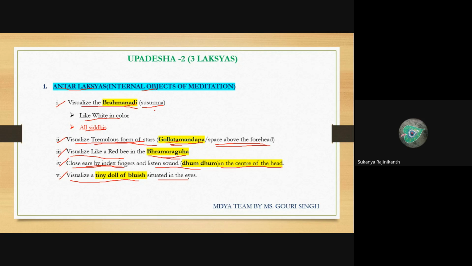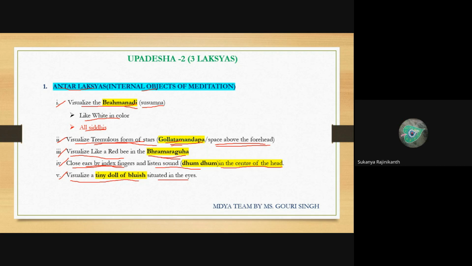Sushumna is located in the middle of the eyes. Yes, that's why I asked. They refer to Brahmanadi as Agnya. In the third point also, they are referring to Brahmara Guha, which is Agnya Chakra only, right?